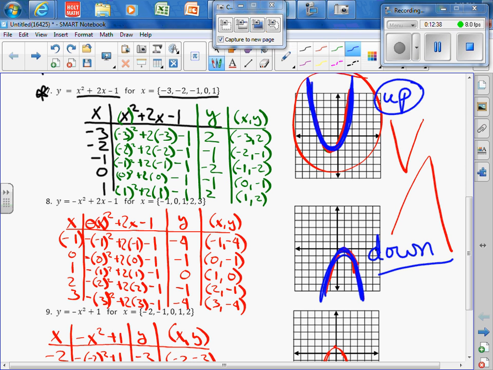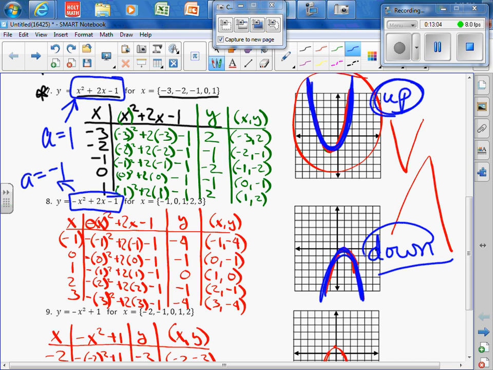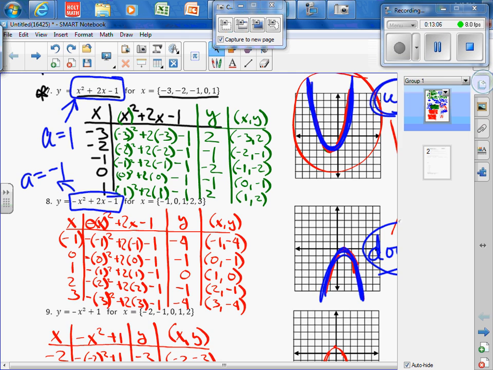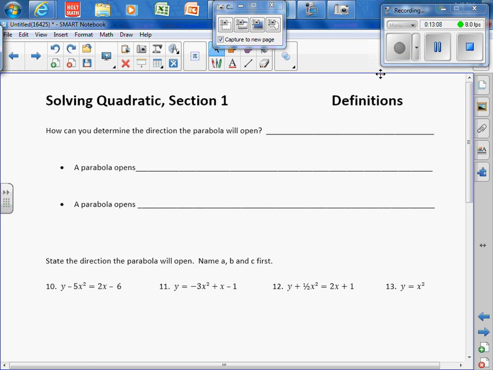Well, look at the difference between the 2 different problems. We have x squared plus 2x minus 1 and negative x squared plus 2x minus 1. What's the only difference here? The coefficient of x squared. The a is equal to 1 here, and a is equal to negative 1 here. This one's opening up, this one's opening down. So what's the rule? All right, the rule is that the sign of a will determine which direction it opens.